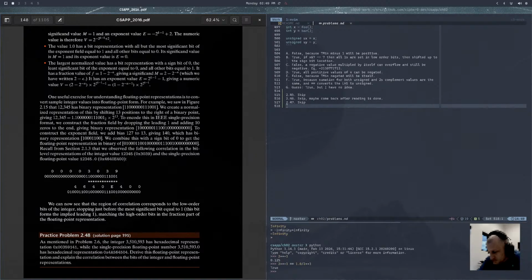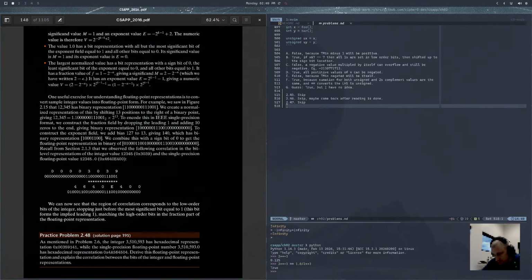To encode this in IEEE single precision format, we construct the fraction field by dropping the leading 1 and adding 10 zeros to the end, giving the binary representation. To construct the exponent field, we add a bias of 127 to 13, giving 140, which has a binary representation. We combine this with a sign bit of 0 to get the floating point representation in binary.